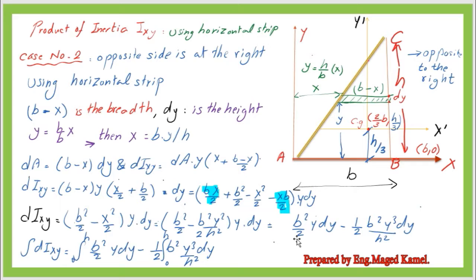So we get b squared over 2 multiplied by y dy minus 1/2 b squared y cubed dy divided by h squared. We integrate the first term, b squared over 2 by y dy, and it will become y squared divided by 2. For the second term, minus 1/2 b squared y cubed dy over h squared, it will be y to the 4 divided by 4.